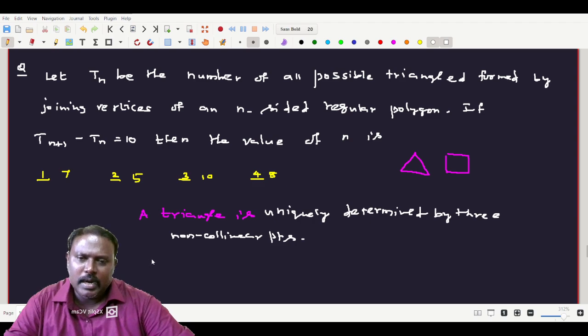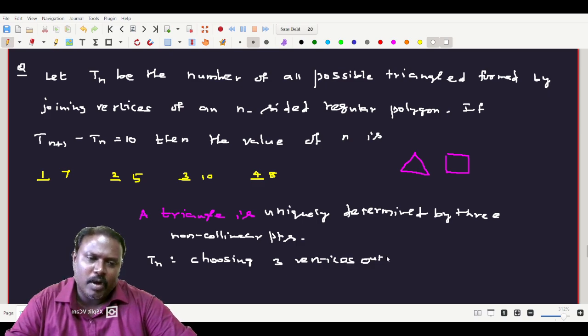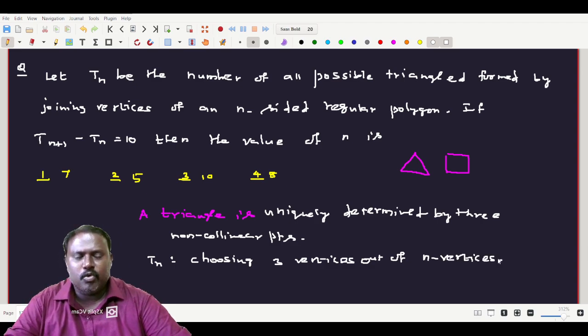So Tn is equivalent to saying choosing three vertices out of n vertices. This is the first point you need to understand. If you choose three non-collinear vertices, then you can create a triangle.